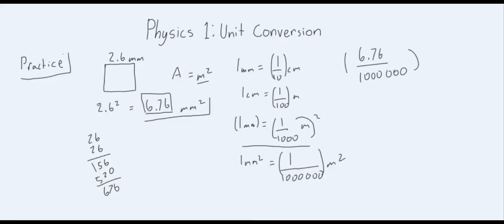I know it looks like a large fraction, but in decimal form, this is actually a really small number. You would shift the decimal place over left, I should say, by 6 units. 0.0. And this should be your answer.